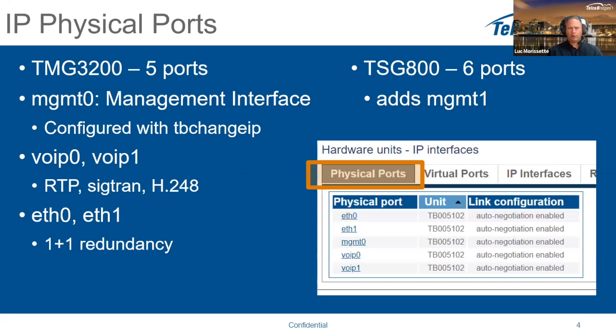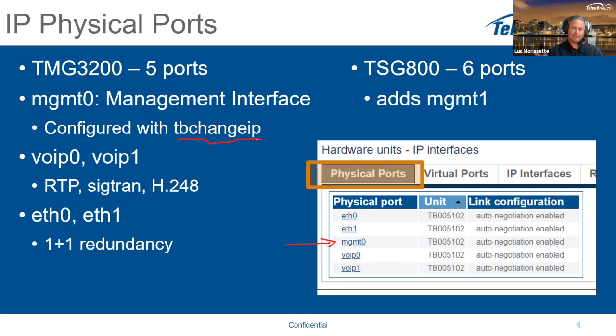If you go with the TMG3200, you will have 5 ports. One of them is called MGMT0. This one is a little bit different from the rest of the system because it's a port that is configured on the console. You use TB change IP to configure that port, and it's independent from the whole configuration of the system.